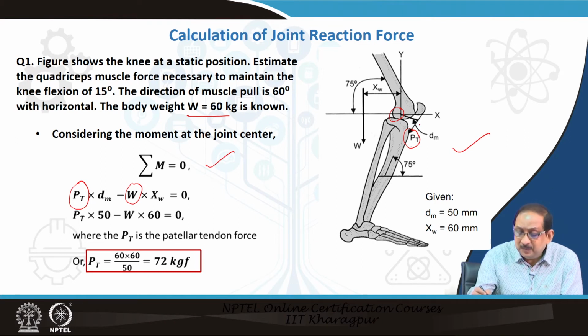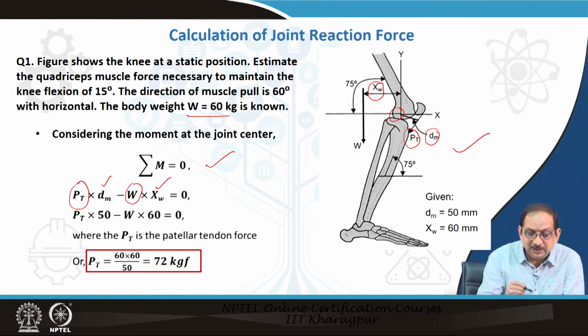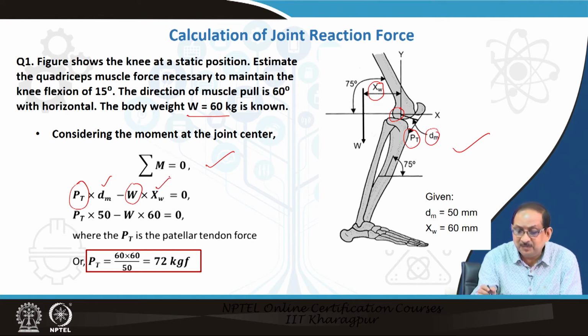Now, this force PT is acting at a distance dm from the joint center, as indicated by dm, whereas the body weight is acting through the lever arm xw as indicated here. So, xw is the distance between the joint center and the line of action of the body weight.